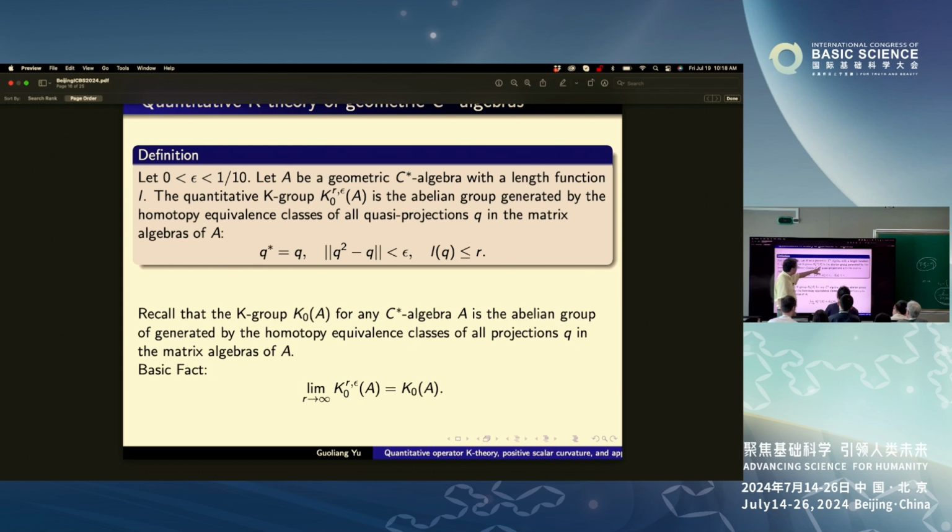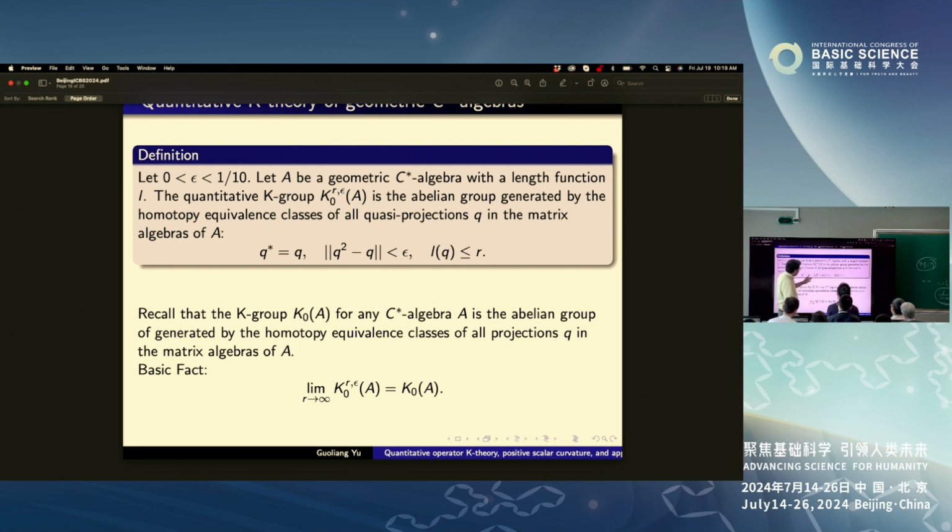So we introduce this so-called quantitative K-theory. Instead of using projections, because projections are very rigid, they often have infinite lengths, we do an approximation of the projection. After approximation, we get something called quasi-projection. We can require them to be self-adjoint. That's not a major problem. But projections are things whose square is itself. Here we just have something very small.